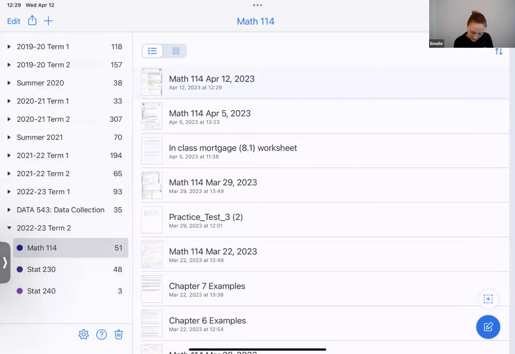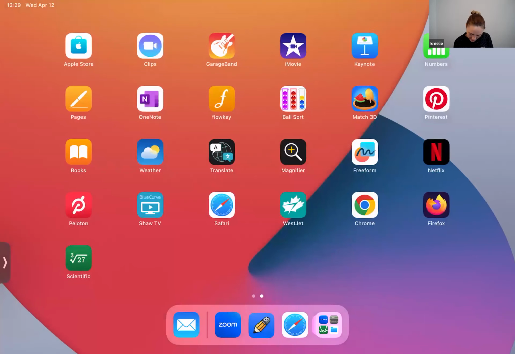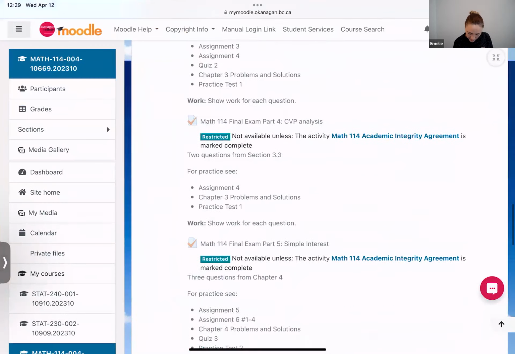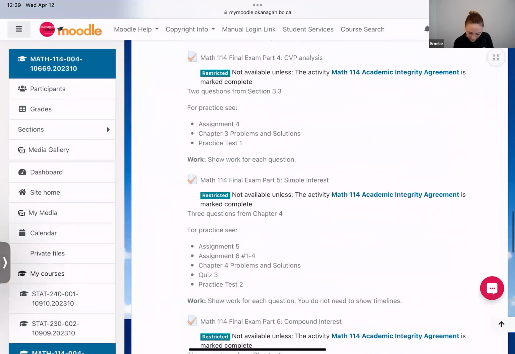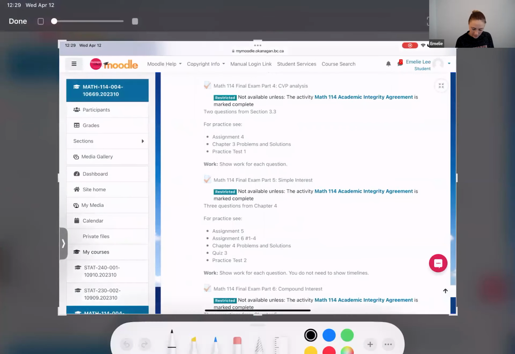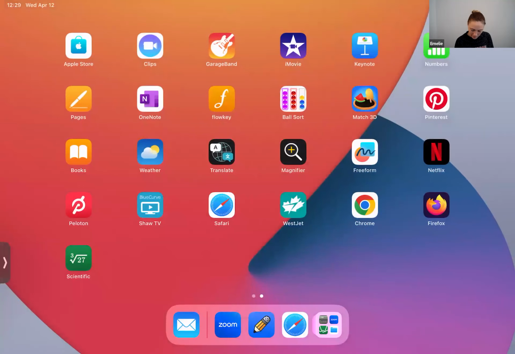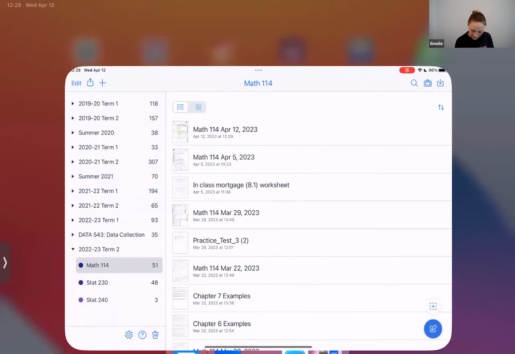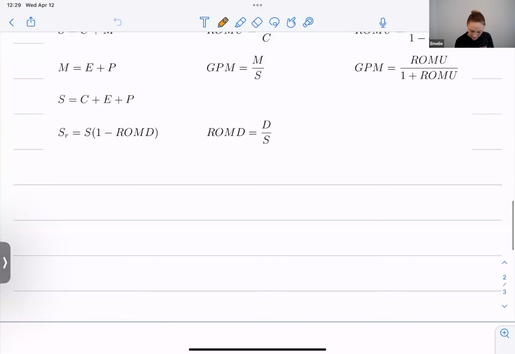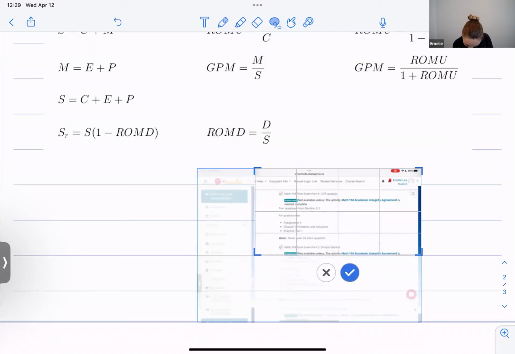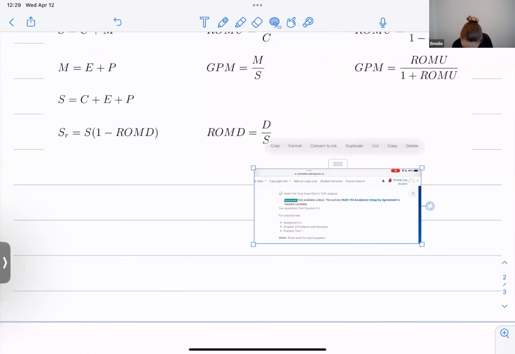Now let's see here. Part 4. Let's see here.